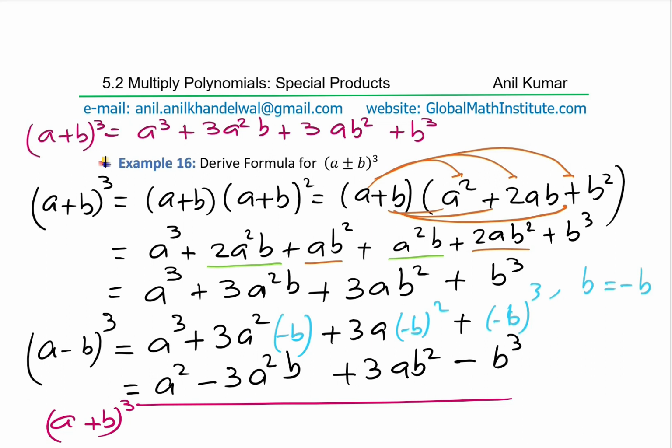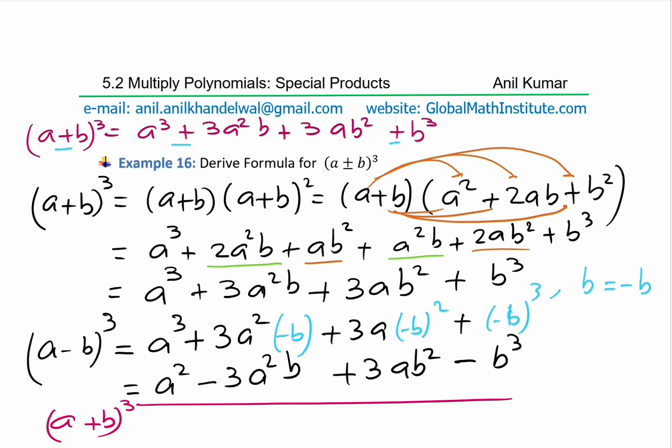However, if we have a negative term as minus b, then wherever we have odd powers of b, those terms become negative and we get our result. Does it make sense to you? So that is how we are going to get the formula. So I hope this formula is absolutely clear. Make a note of this.